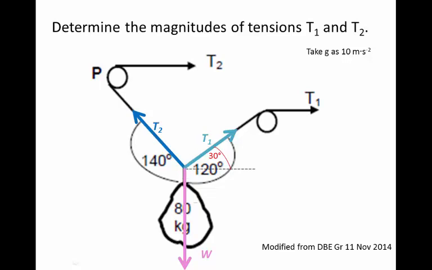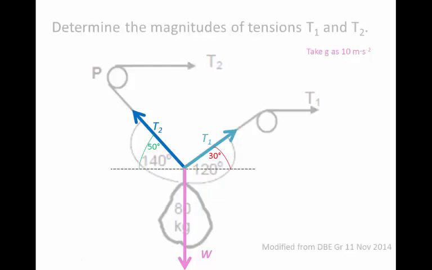Again, this 140 is not of so much use to us, but we can again draw in this construction line here, which is at 90 degrees to the vertical, and then this whole 140 minus the 90 gives us this angle that we're really more interested in, which must be 50 degrees. So this diagram here, which is a free body diagram laid on top of the picture, is of more use to us. So let's work with it. I'm just going to fade out and later even take away the picture.